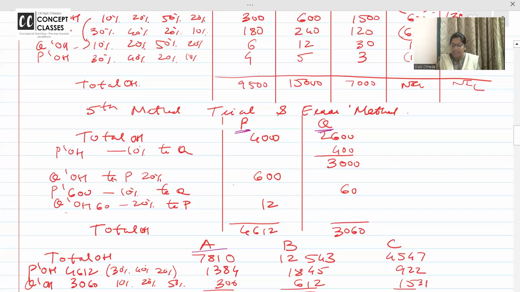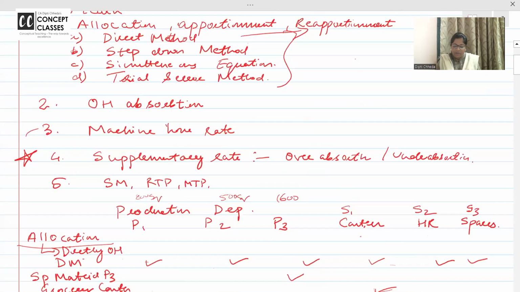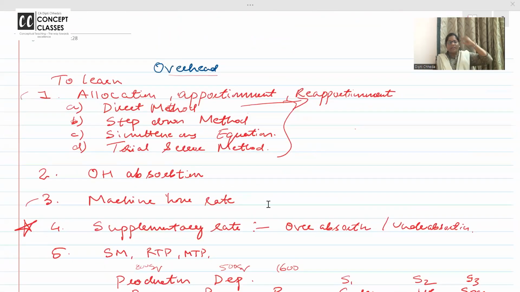Now what is the mindset, what all we should know when it comes to the overhead chapter? What do we have to prepare? So overhead: all the indirect material, indirect wages, indirect expenses go into overhead.